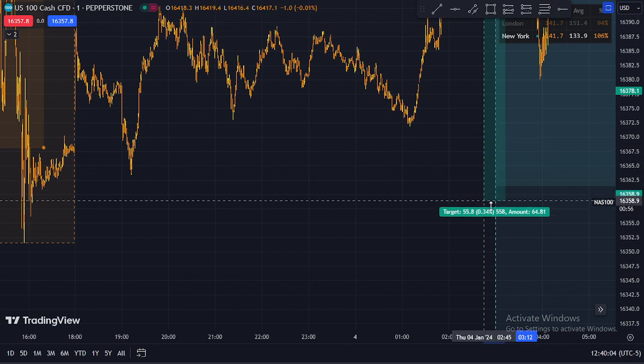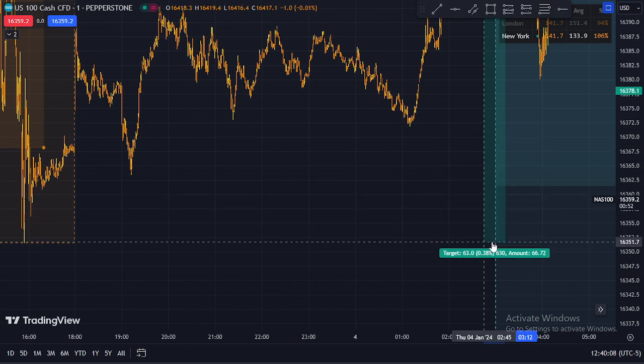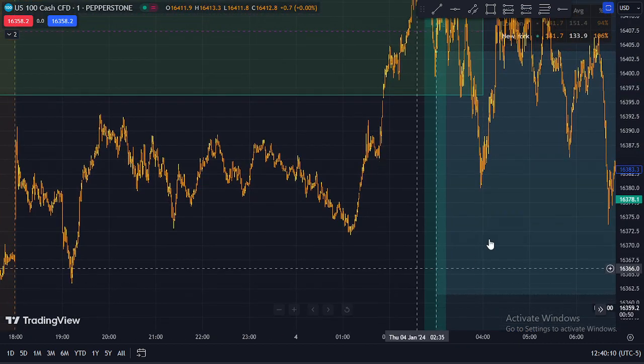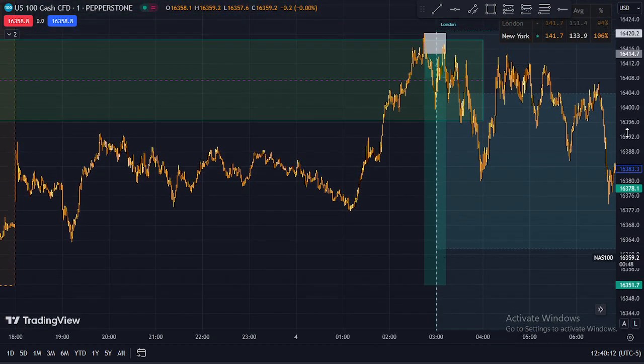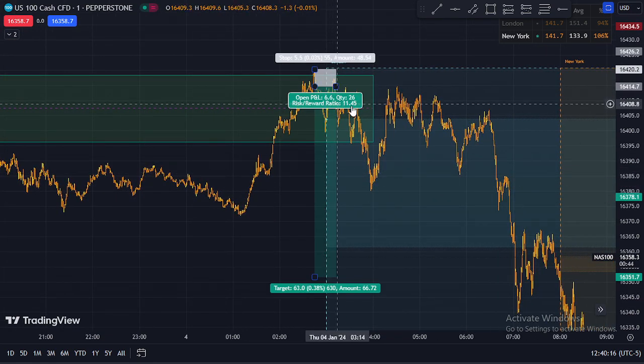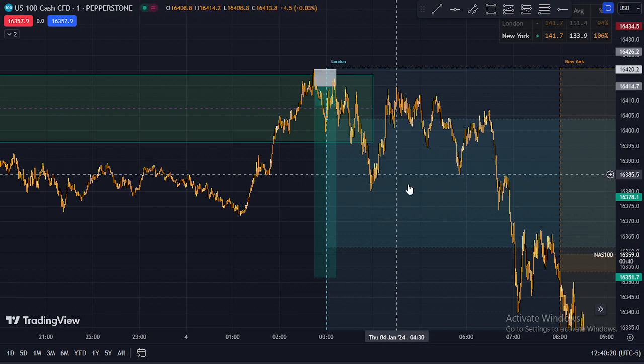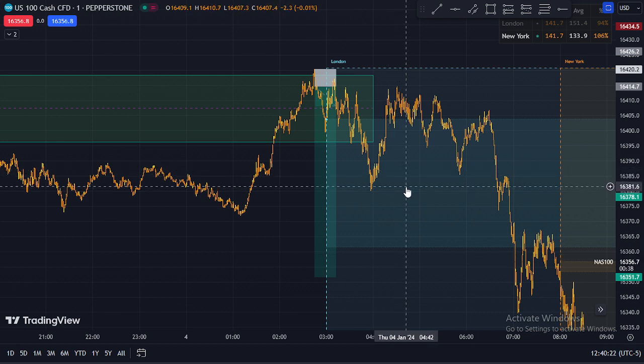So that would have been the draw on liquidity. So that is a very short-term bias. So you have an 11.45 hour trade. So that's it for a short-term bias.